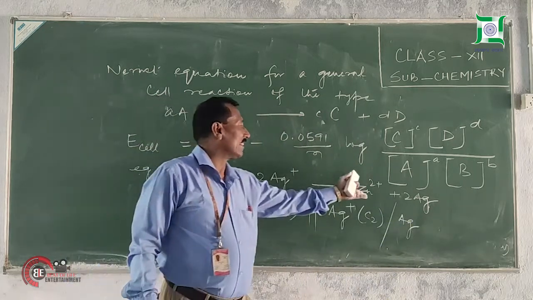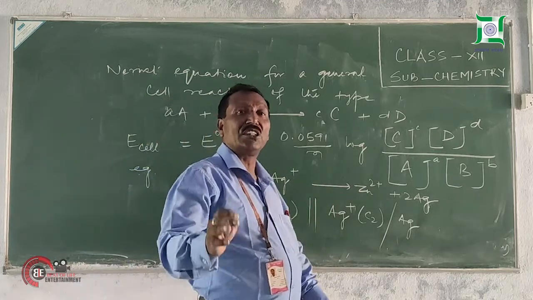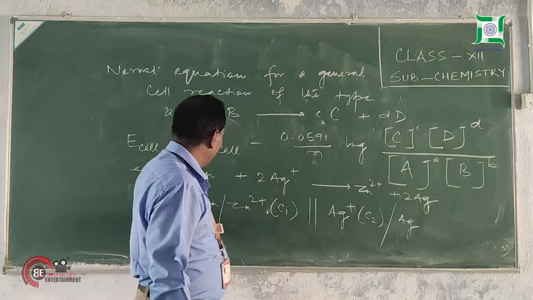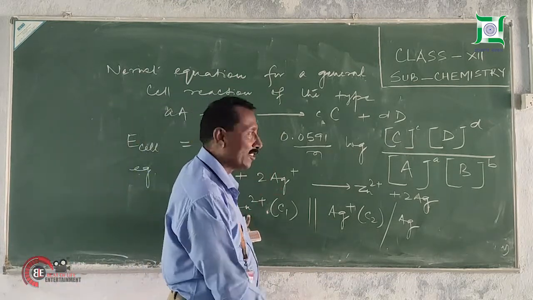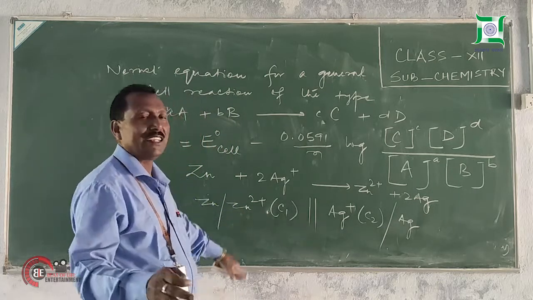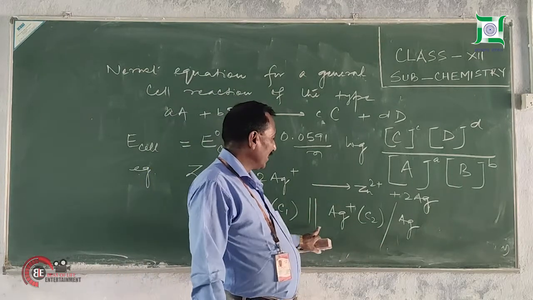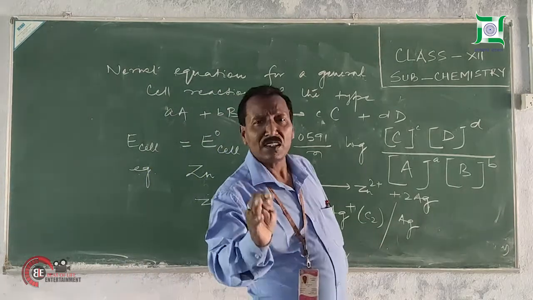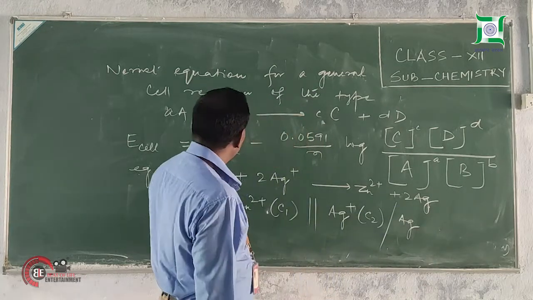So this cell reaction can be represented as a galvanic cell. Here is the anodic compartment. Why anodic compartment? We have already discussed many times, because this forms the anode, and at the anode oxidation always takes place. This is the salt bridge, and this forms the part of the cathode at which reduction takes place.